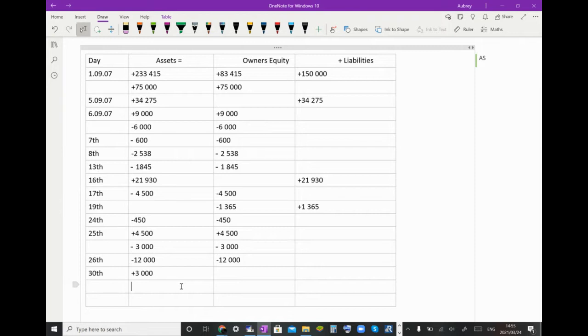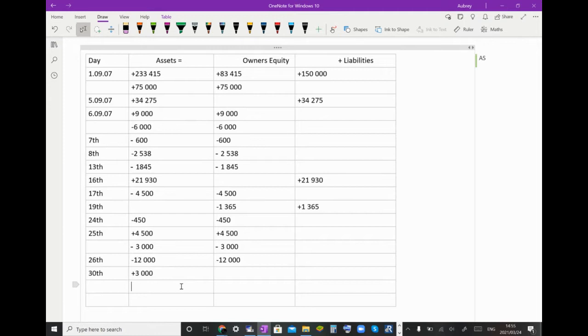With liabilities, when someone pays, the amount goes down. So you tell me, are we minusing or adding? We're minusing. You're 100% right. This person owed us, let's just say, 10,000. They've come and made a part payment of 3,000.